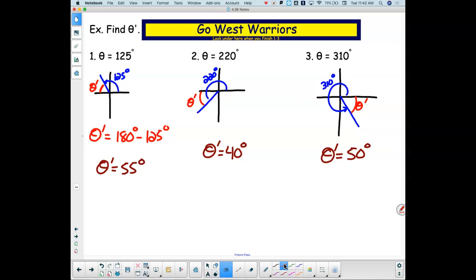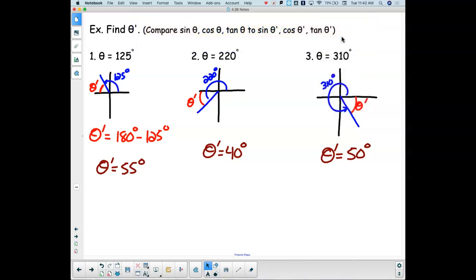Okay? Now, one last thing that I'd like to do here is I would like to compare sine, cosine, and tangent to theta and theta prime. So at your tables, what I'd like you to do is I'd like one of you to type in, if you've got 3 people, one of you to type in sine of 125 degrees, one of you to type in sine of 55 degrees, show them to the third person at your table, and they're going to see if they're exactly the same or not.